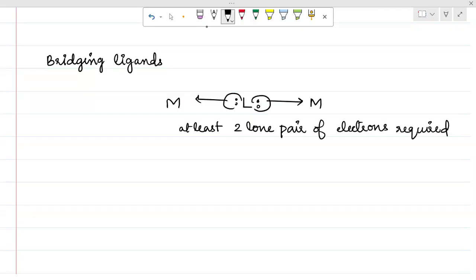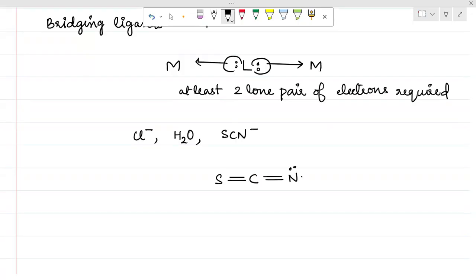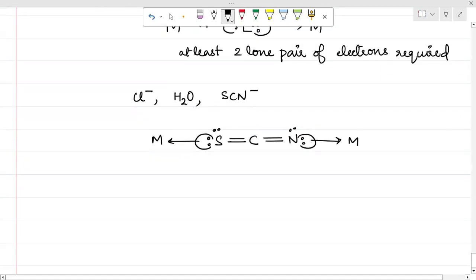For example, Cl minus. 3 lone pairs are there. H2O, 2 lone pairs are there. SCN minus: sulfur, carbon, nitrogen with a negative, correct? This lone pair of electrons can go to a metal. It can bind like this.